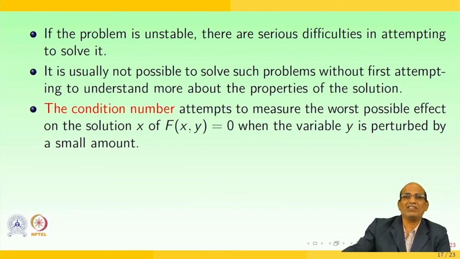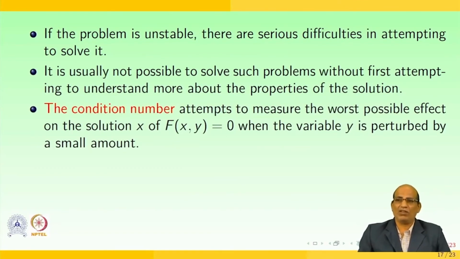If the problem is unstable, there are serious difficulties in attempting to solve it, as we already mentioned. It is usually not possible to solve such problems without first attempting to understand the properties of the solution. The condition number can be defined in many possible ways.